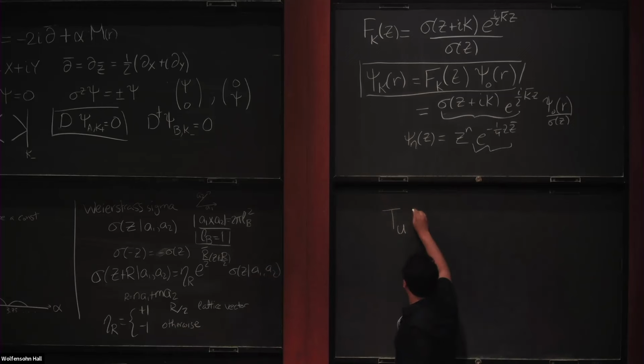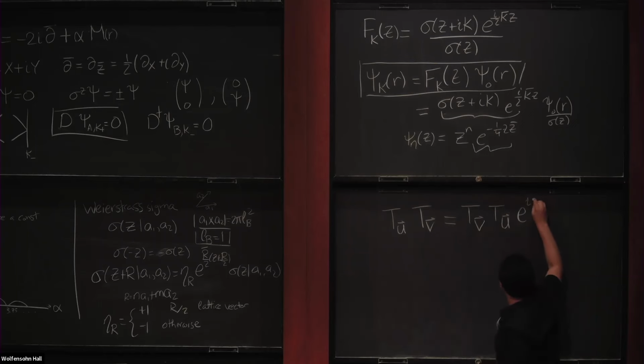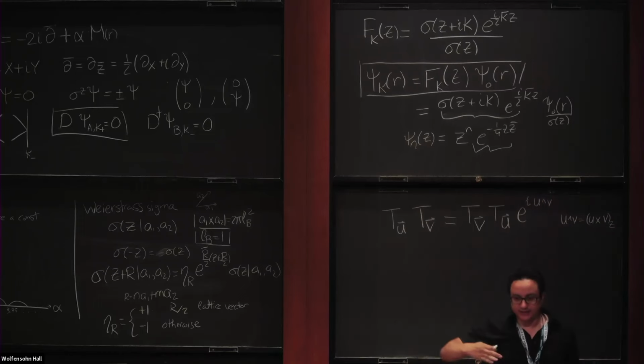The main feature of this operator is that the magnetic translation operators corresponding to two different vectors don't commute. Instead, they satisfy the magnetic algebra, which is e^{i U∧V}. By U∧V, I mean, U and V are 2D vectors, and I basically take their cross product and take the z component, so it's U_x V_y minus U_y V_x. And of course, I'm here assuming the magnetic length is equal to 1.